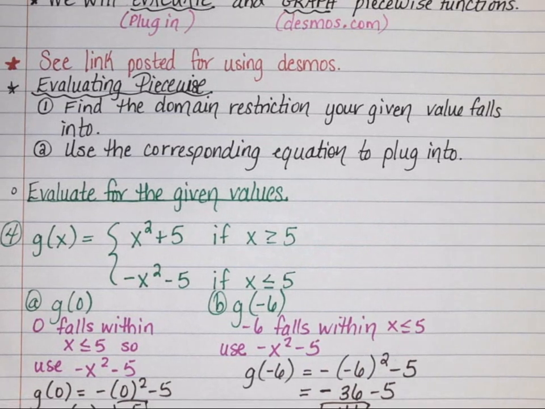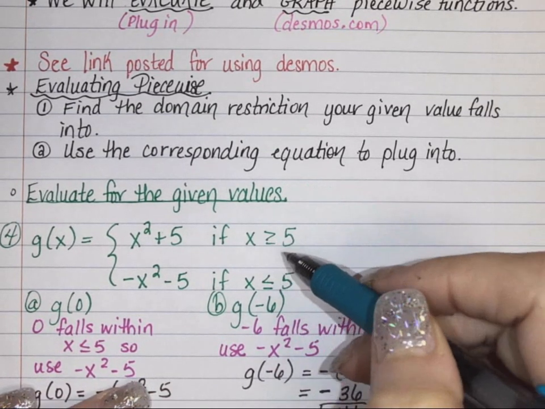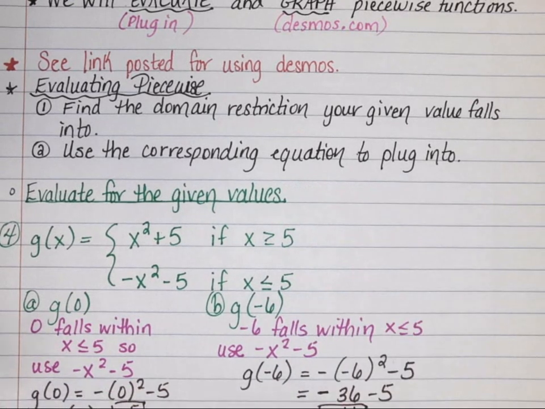Figure out, well, does the number they give me fall within x being greater than 5, less than 5, equal to 5? So you have to determine which case it falls into. When you do that, you are going to use the corresponding equation to plug into.